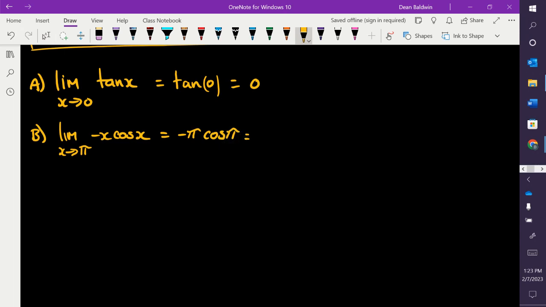What's cosine of pi? Negative 1, right? Here's the cosine graph. Cosine of pi, which is 180 degrees, is negative 1. So this is just negative pi times negative 1, which is just pi. Same rules still apply. Plug it in if you can. That's the easiest way to do these.